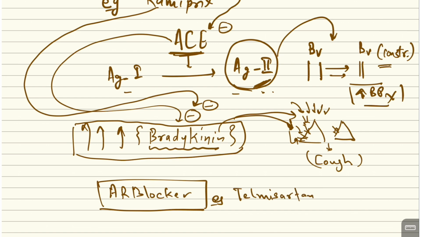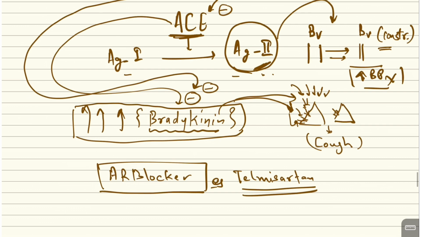So if some patients who have high blood pressure are taking these drugs and have cough, we have to advise them to stop taking the angiotensin converting enzyme inhibitors, and we will switch them to angiotensin receptor blockers like telmisartan and losartan.